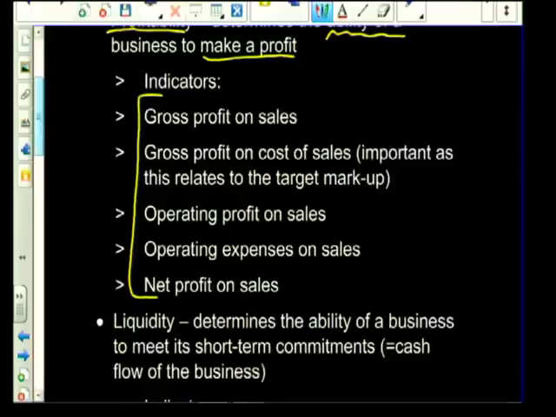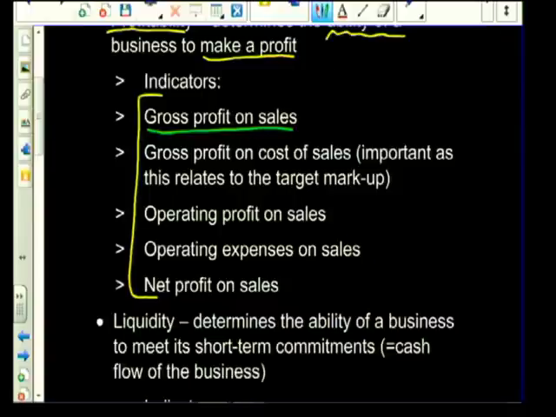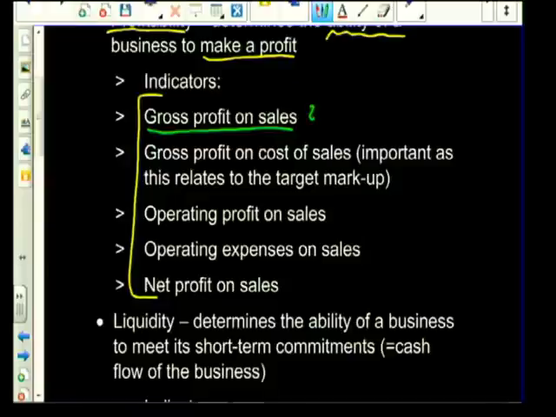So the first one here is what we call gross profit on sales. And what this ratio does is it tells you for every R1's worth of sales that you've made, what percentage do you keep as gross profit? So let's say the ratio works out to be 20%.